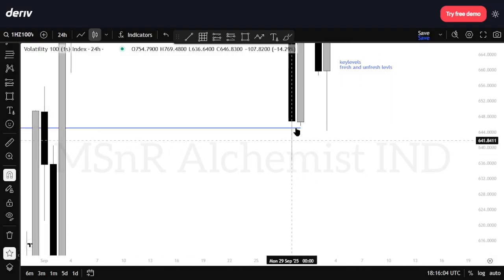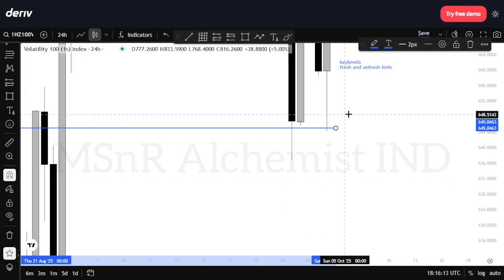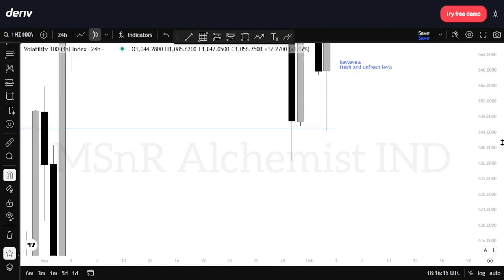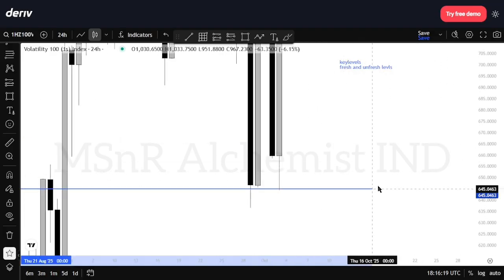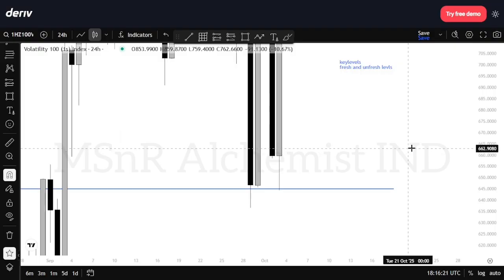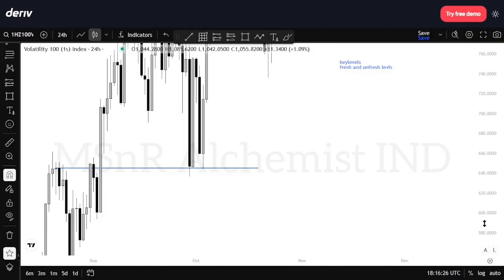So we are not going to use it again until a candle breaks it again from upside to downside. See, it gets respected, but we are not going to trade it until we see any confirmation or trade setup, which I will show you in another class, another video.